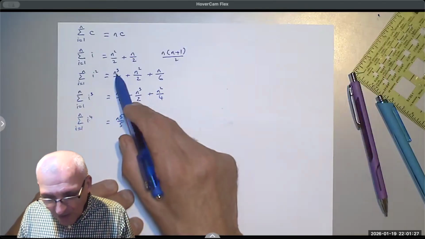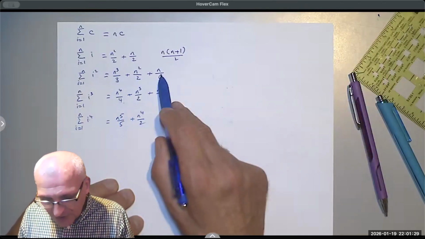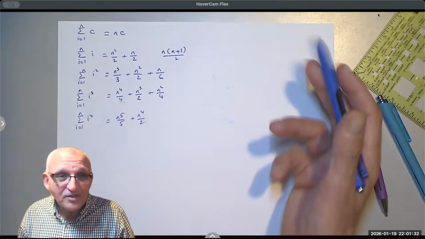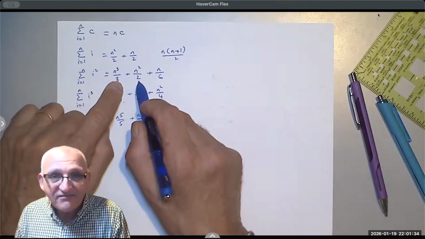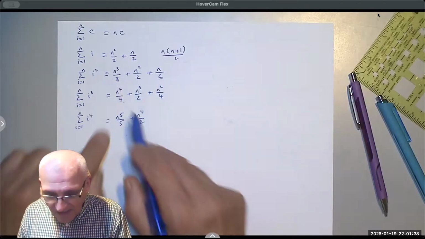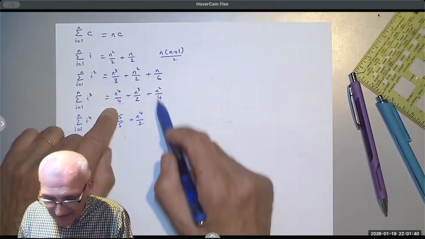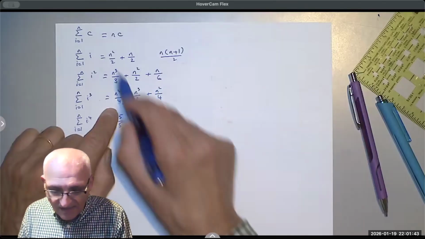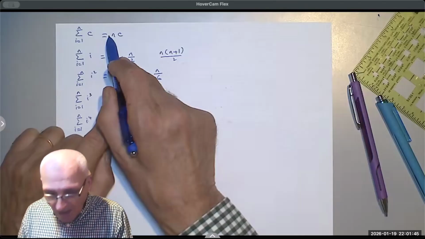Meaning I took one term, so the sum has to be 1. 1/3 and 1/2 is 5/6, so what makes it 1? Another 1/6. Here, a quarter and a quarter is a half, and a half is 1. A half and a half is 1.